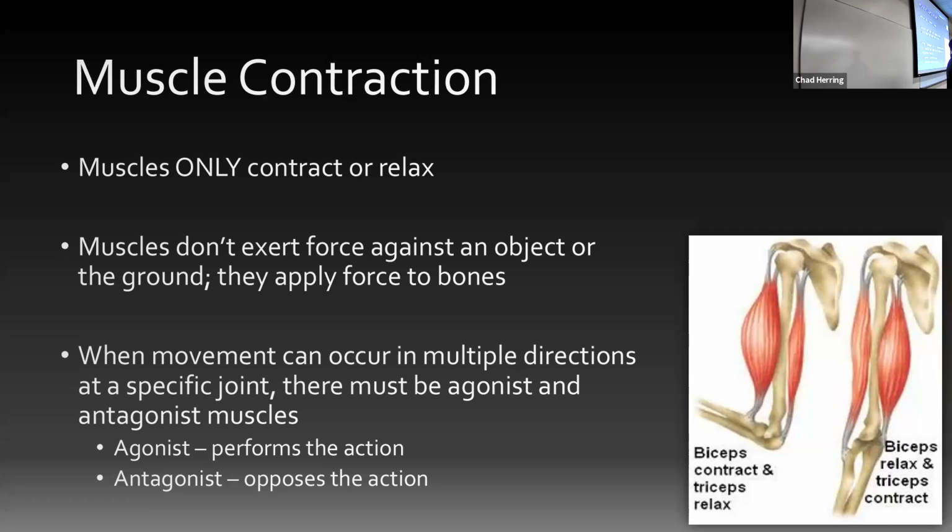Delts will be there, save that for a second. Chest and triceps would be the agonist, which would mean the antagonist is biceps and back. Again, opposite side of the body, opposite side of the bone. That's an easy way to remember, though not always going to be the case.